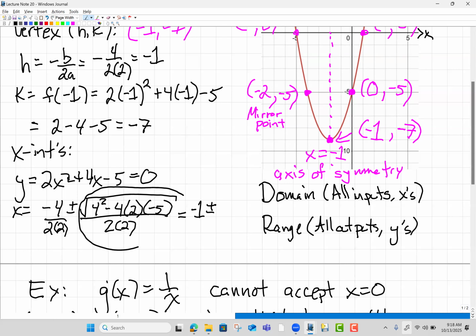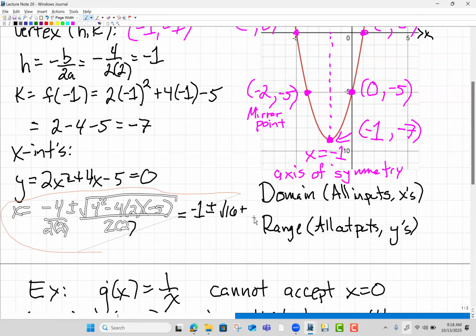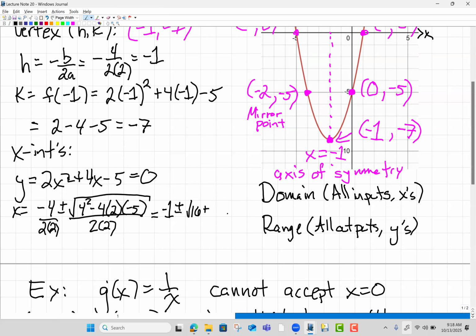So we just need to simplify this pile of goop. 4 squared is 16. A minus times a minus is a plus. I'm going to squish this. 20 times 2 is 40.